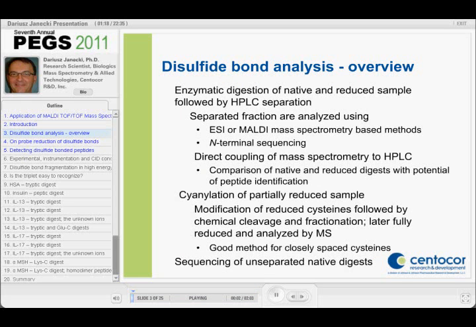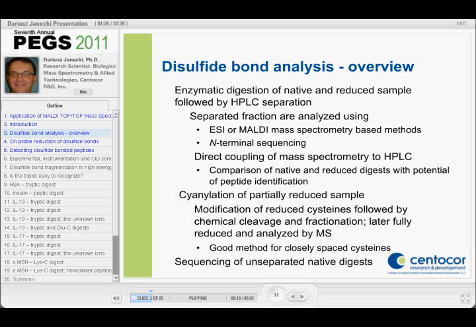So a general overview of how we approach the disulfide bond mapping analysis. In general, we use the enzymatic digestion of a native and reduced sample, and we just follow it by HPLC and compare those two profiles.